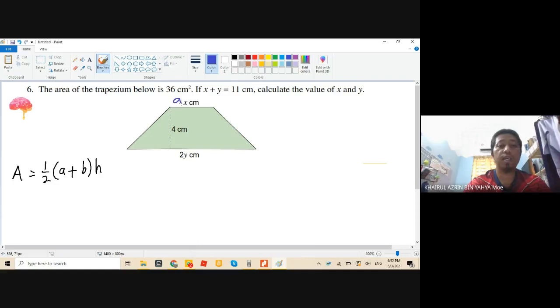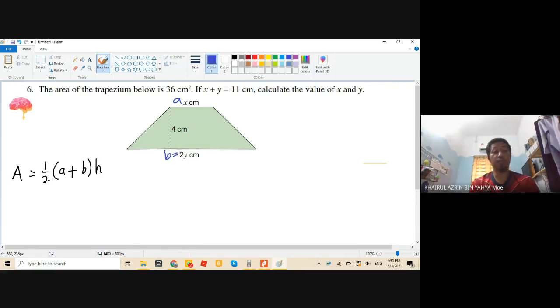This is A and this is B. The pair of parallel lines we call A and B. It says here the area of the trapezium below is 36 centimeters square. If x plus y equals 11 cm, calculate the value of x and y.